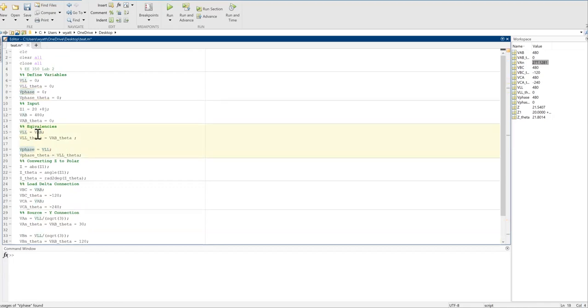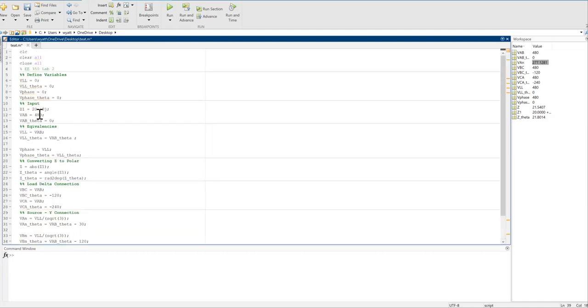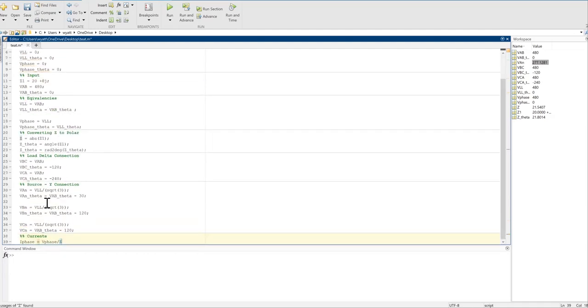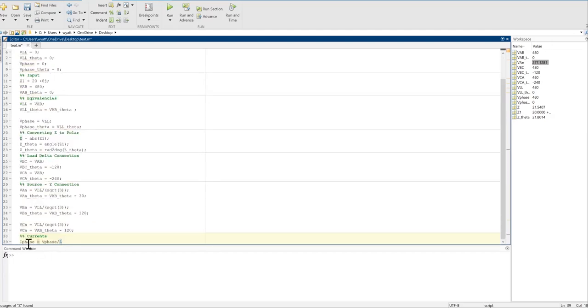So we know V phase is equal to 480 volts, and we're calculating divided by Z. Our Z is our resistance, so this is just regular Ohm's law. Voltage divided by resistance is equal to current. So we have V phase divided by Z.